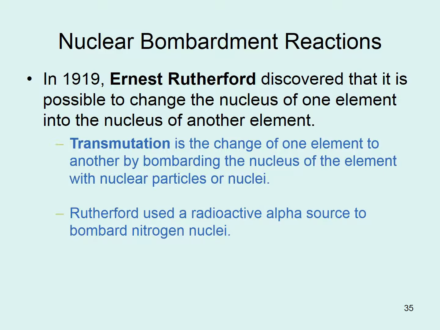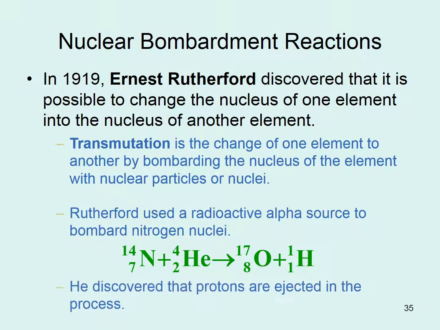Rutherford used radioactive alpha particles to bombard nitrogen-14, and he was able to convert that to oxygen-17, and a proton was also emitted.